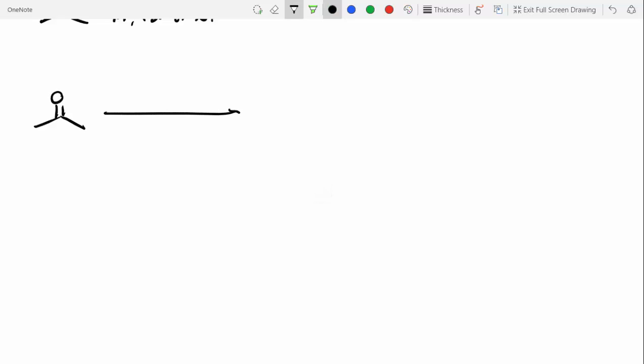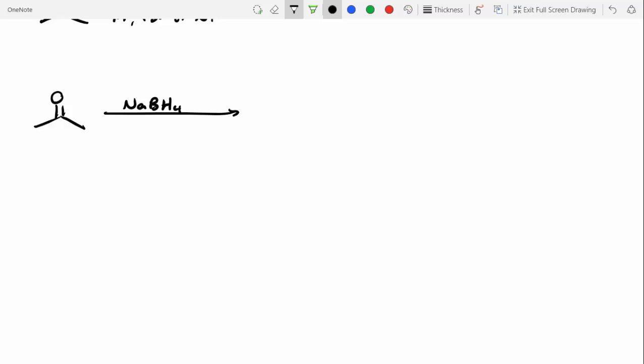And in this first reaction, we're going to use a reagent we've already seen, NaBH4. Does anybody know the name of that? Sodium borohydride.